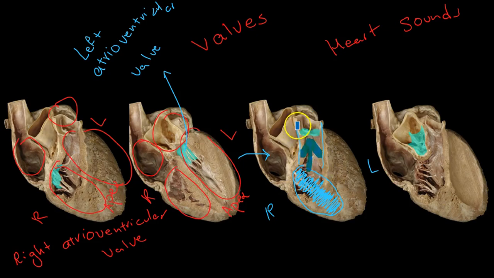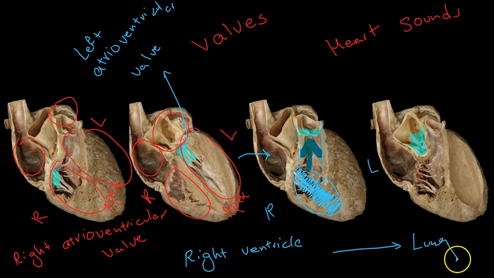So what would be the name of this blood vessel here leaving the right ventricle toward the lung? So it means there is a blood vessel between the right ventricle and lung. We call this blood vessel as the pulmonary trunk.